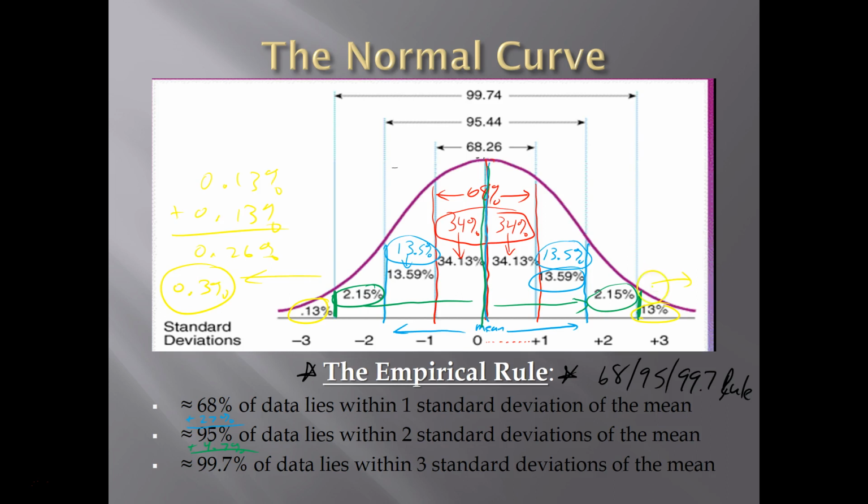So more than 3 standard deviations above the mean, to the right, or more than 3 standard deviations less than the mean, so to the left of the mean. So in other words, almost all of your data, so if 99.7% is within 3 standard deviations, that means 0.3% lies beyond 3 standard deviations of the mean.